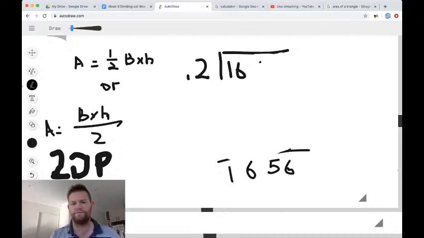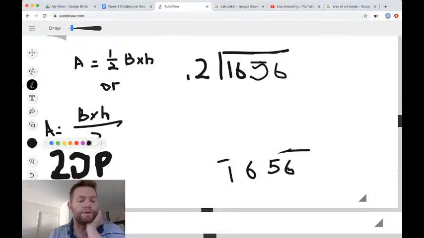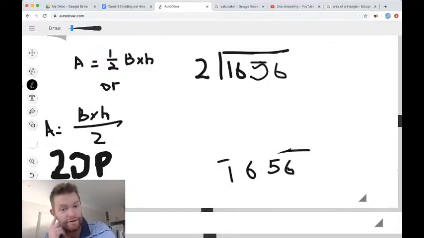$16.56. Okay, I'm getting rid of that point as well because it's not 0.2. It's how many times does 2 go into 1656? So, treating this like... it's really hard to explain.